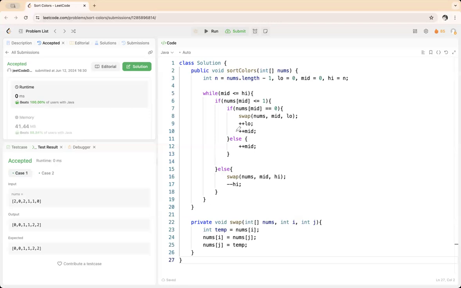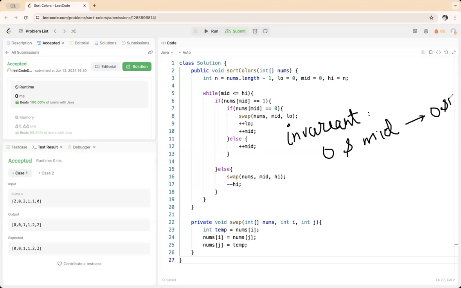And this is an invariant of the problem. The invariant of the Dutch national flag problem is that between 0 and mid minus 1, whatever the value of mid during the execution of this algorithm, will only contain 0 and 1.